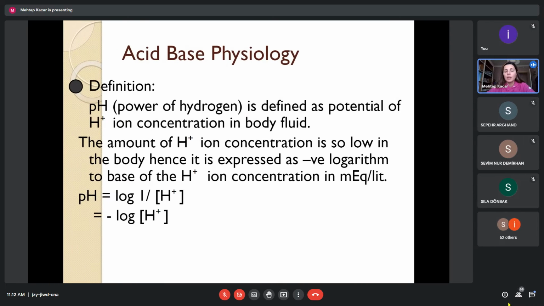The hydrogen ion concentration is so low in our body that it's expressed as a logarithm, according to the logarithm to base 10 of the hydrogen ion concentration in milliequivalents per liter. You can see the pH formulation: the negative logarithm of hydrogen ion concentration gives us the pH value.